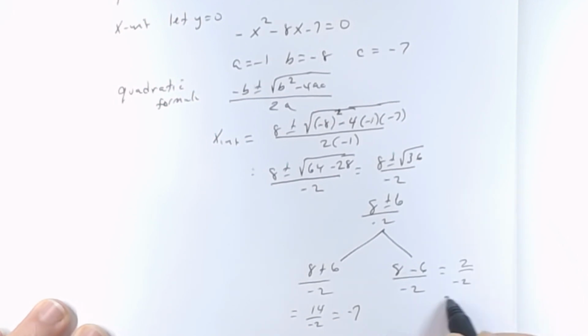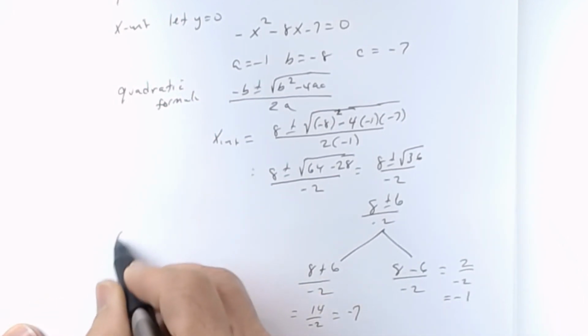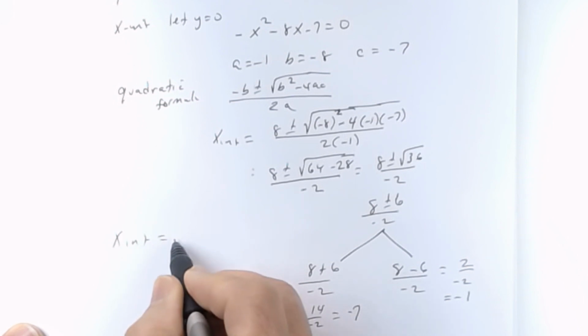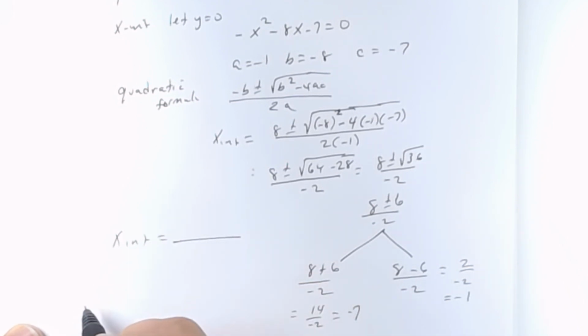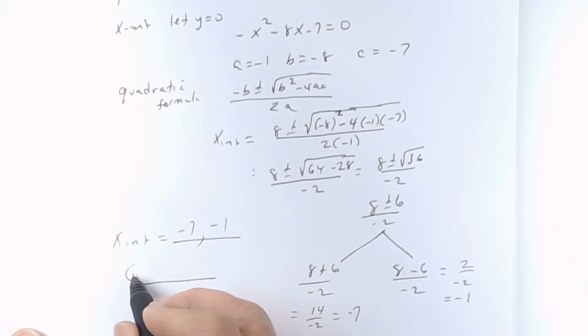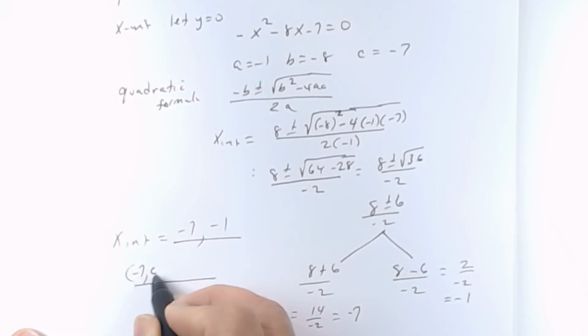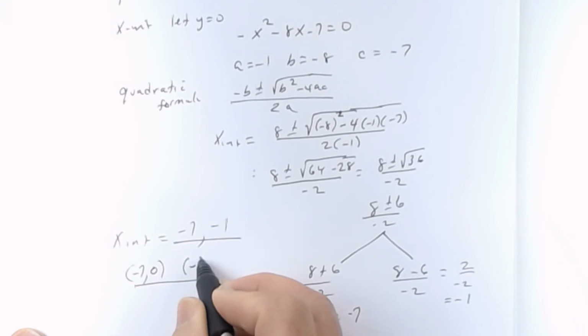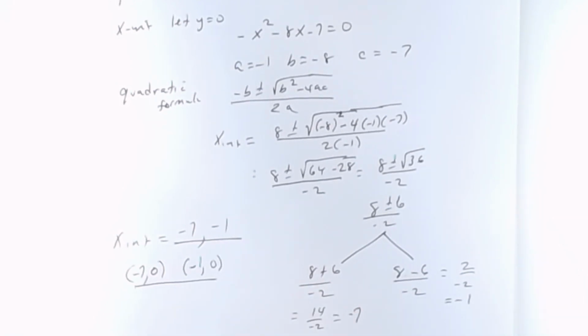What's 2 divided by negative 2? So my x-intercepts equal, what are they? Negative 7, comma, negative 1. On the worksheet, you're probably going to be asked to write this as an ordered pair. So as an ordered pair, you would say negative 7, comma, 0, and then negative 1, comma, 0.